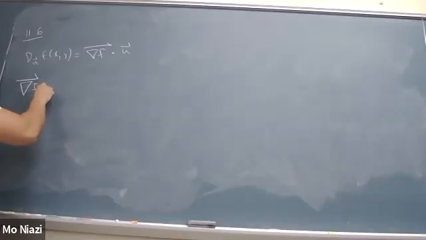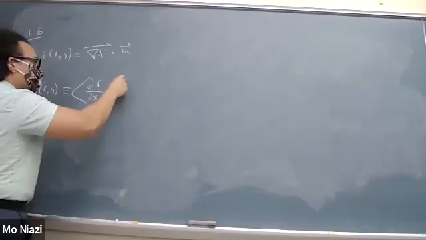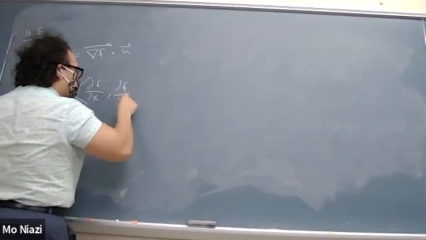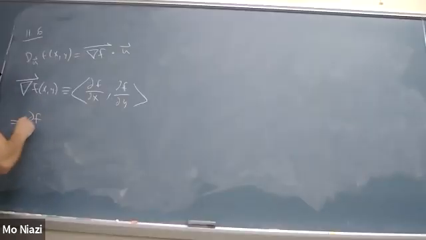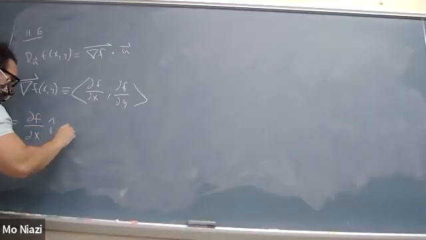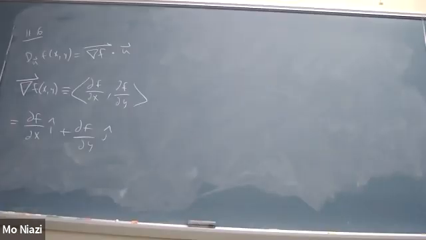The Del operator on some function x, y is defined to be partial f partial x, partial f partial y. It's a vector. So yeah, if you break down that bracket notation, that's what that equals. If it's just an x and y.